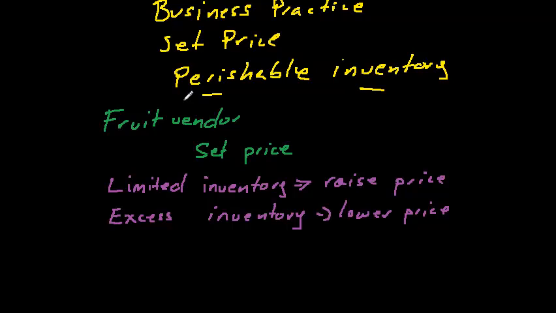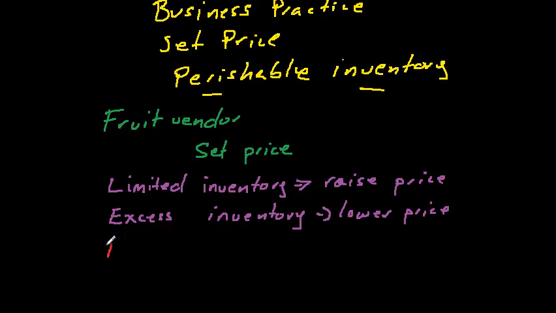Let's say he's got one day before all his bananas spoil. So he needs to be careful that he doesn't set his price too high or too low and miss out on some revenue opportunity.